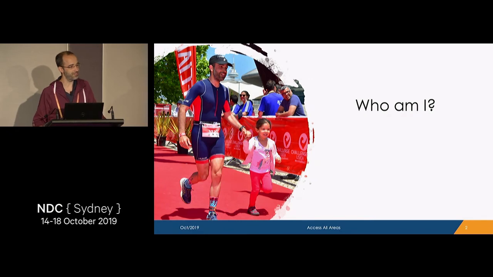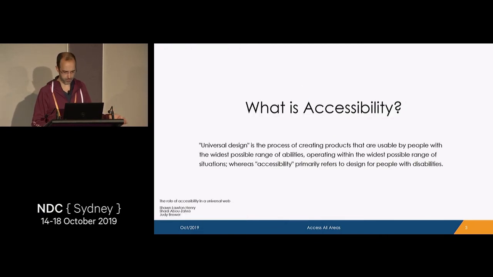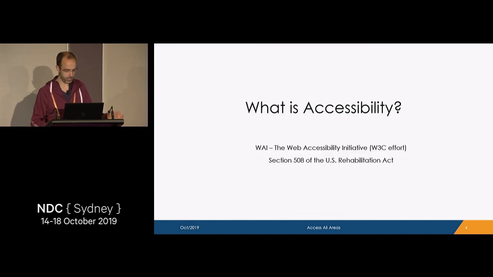iTextPDF.com is our website. So yeah, we focus on PDFs, on creating PDFs, extracting data from PDFs. And indeed, we get a lot of customers, specifically if they have to deal with the US government. It is mandatory by law because of the Section 508 Rehabilitation Act that all of the documents they produce and distribute need to be accessible.